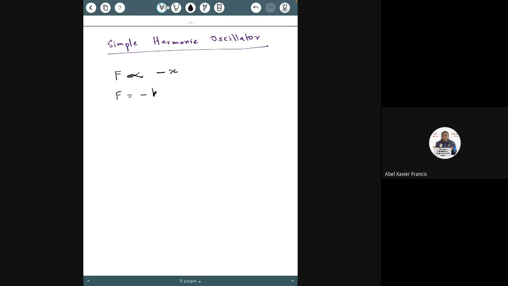So this force is written as minus kx, where k is the force constant or the spring constant. Now, in case of a quantum system, you don't have an actual spring, but this sort of restoring force can be present.